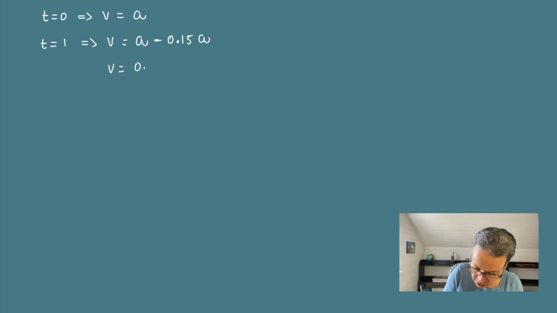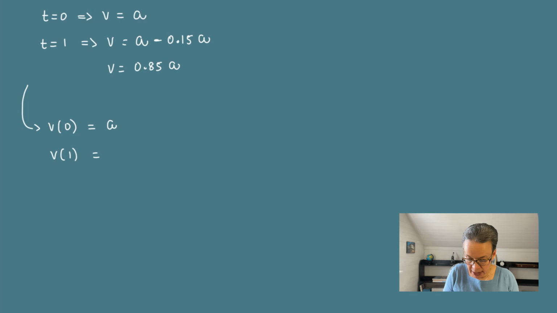That's going to be 0.85a. So then, now using function notation, that means that if v of 0 is equal to a, then v of 1 is going to be equal to 0.85 times v of 0, the value of the object a year ago.